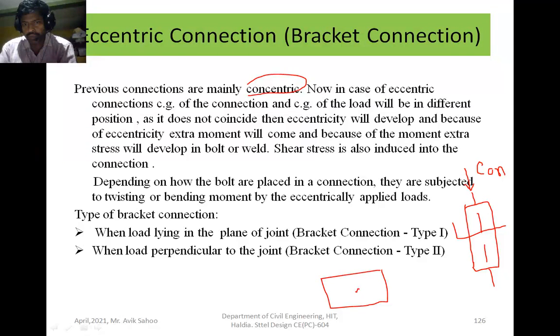Now if the load is applied far from the CG point, then it will create moment. So on the cross section I draw the eccentric load, which is acting away from the CG point.